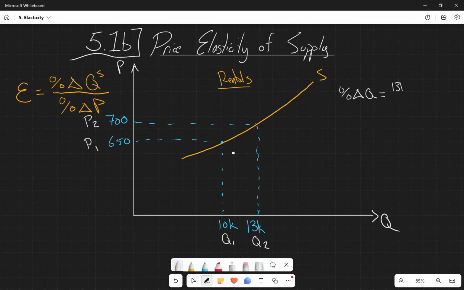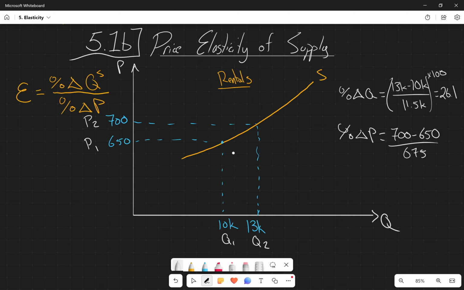It's 13K minus 10K over 11.5K. This is going to give me 26.1 when I multiply the whole thing by 100, right? And then when I do percentage change in my price, this is going to be 700 minus 650 divided by 675. Again, we're going to multiply the whole thing by 100. This is going to give me 7.4.